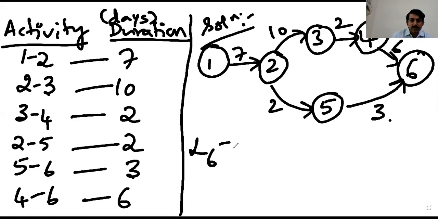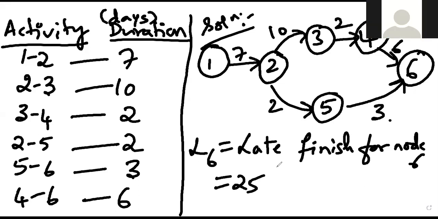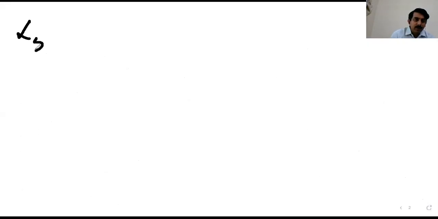And what was L6? How much was L6? 25. So next after this, L5. Have we calculated L5?